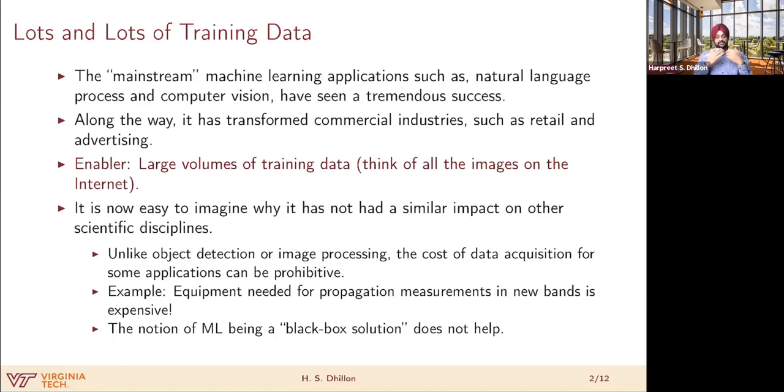So obtaining those measurements and making them available could be very costly. Further, this notion of machine learning being a black box solution may not really be acceptable to some communities, right? Even some people from the communication and information theory community may not be very comfortable with that notion, right? So the question is, what can we do about that, right?